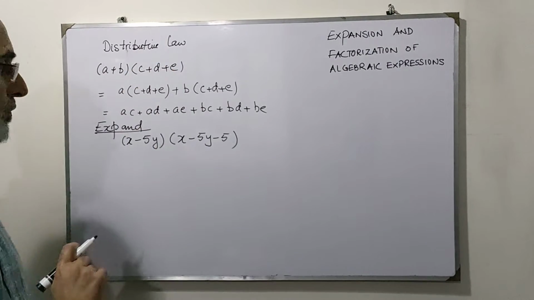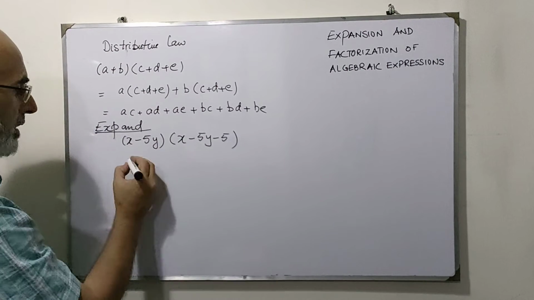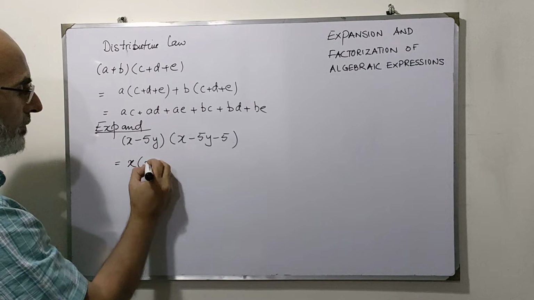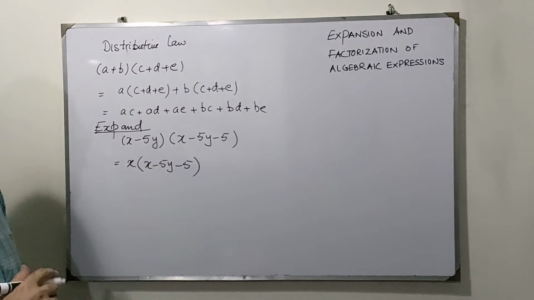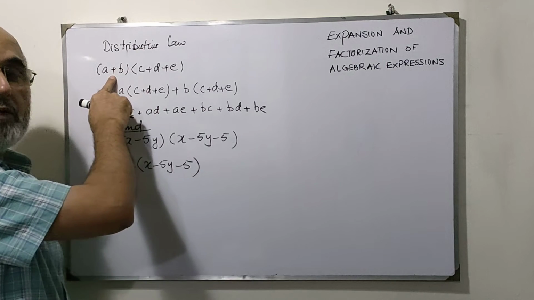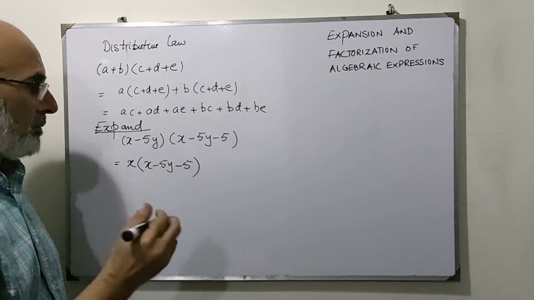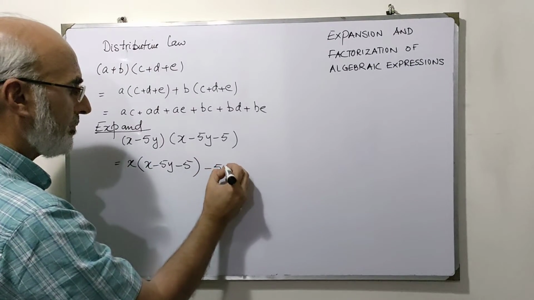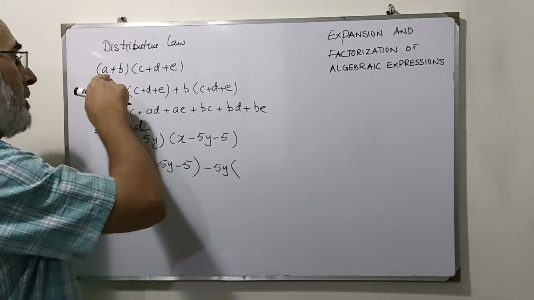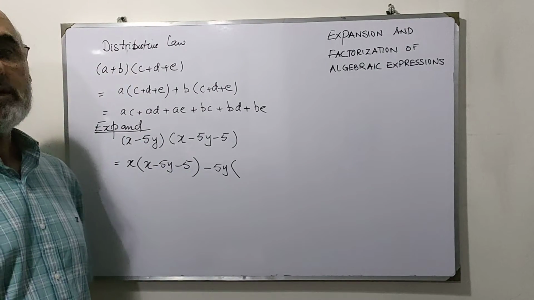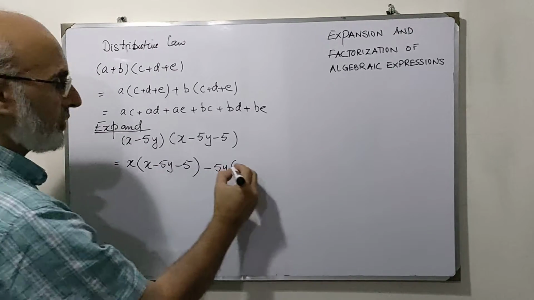We have to multiply x with this term, so x into (x minus 5y minus 5), and then here we have minus, so we'll be taking minus 5y into the same term. This is something you have to take care of: if in the formula it's plus, it doesn't mean that it's always going to be plus. It can be negative also. So remember it.